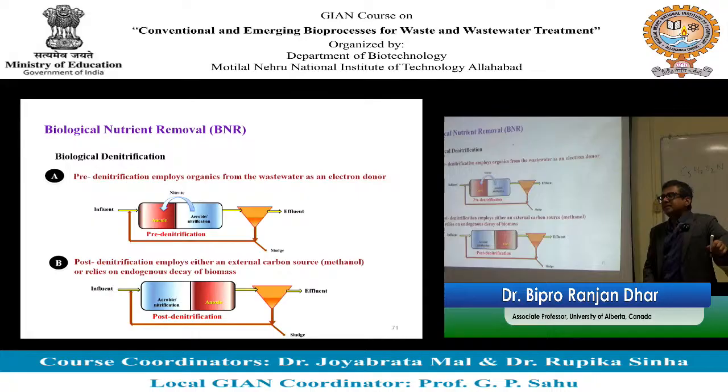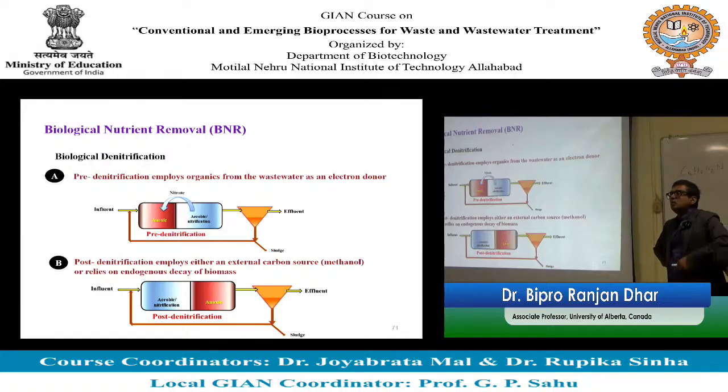They ferment the primary sludge and produce different types of organic volatile fatty acids, then separate those fatty acids and put them back in the anoxic zone. So instead of buying chemicals, they produce them on site to save cost.